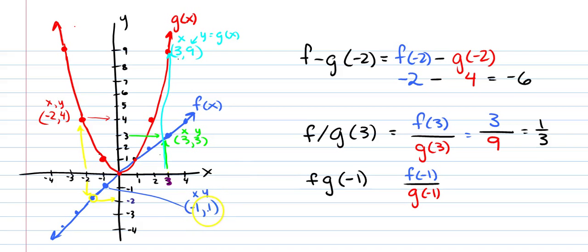When x is -1, y is 1. And y is f of x. So f of -1 is +1. Sorry, f of -1 is -1. Boy, did I mess you up there? Oh, bad teacher. Okay, that point is the point -1, +1. When x is -1, y is +1. And so our answer is -1 total.